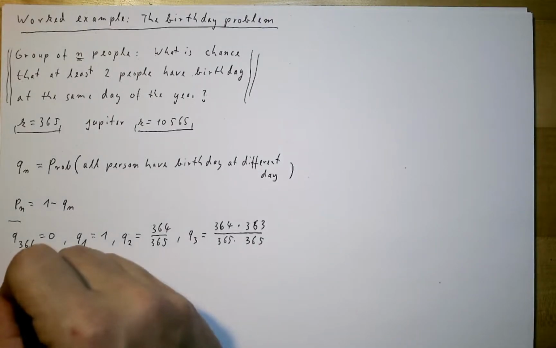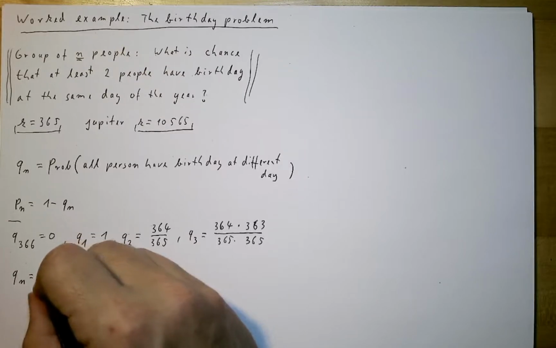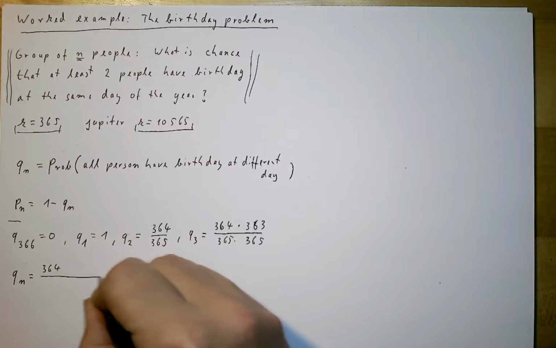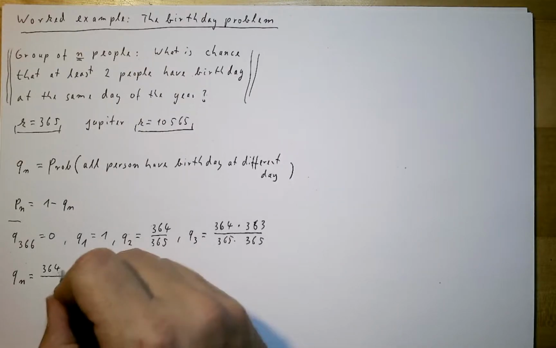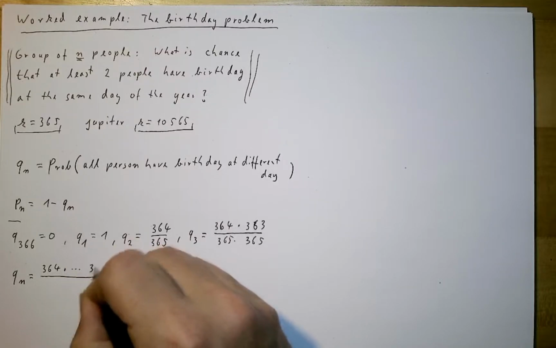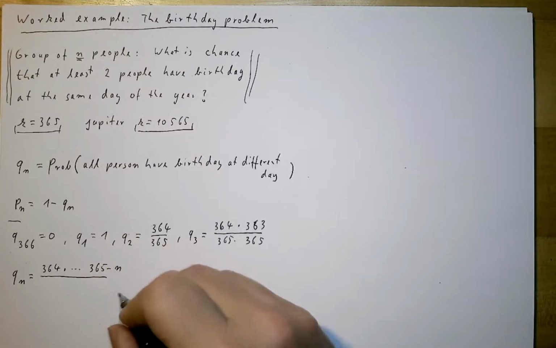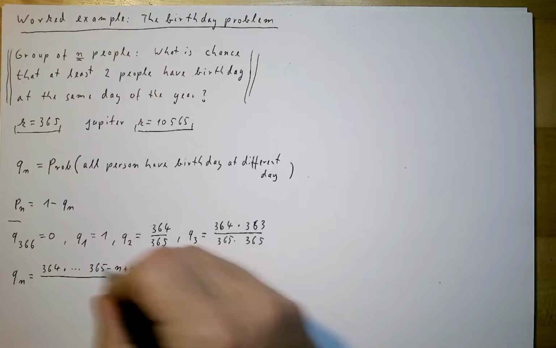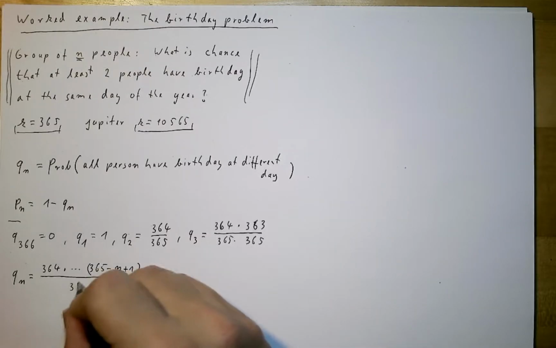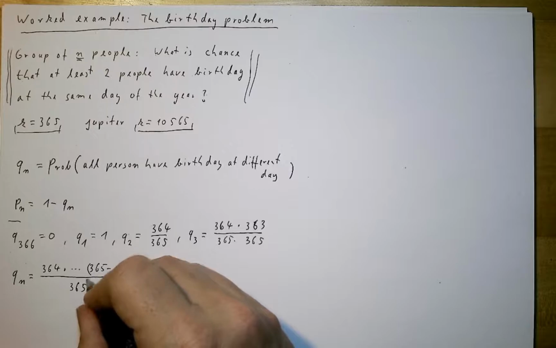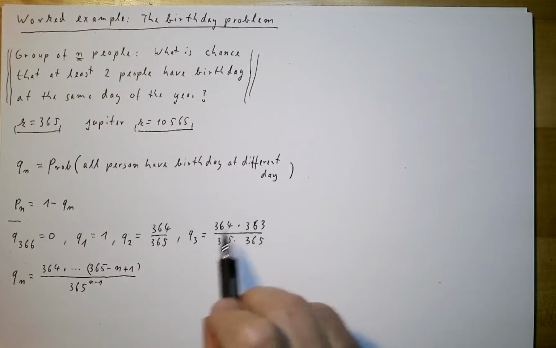And then we can write down Qn. If we just continue this, 364 multiplied until we have 365 minus n plus 1, and we have to divide by 365 to the power n minus 1, just following the sequence n number of times.